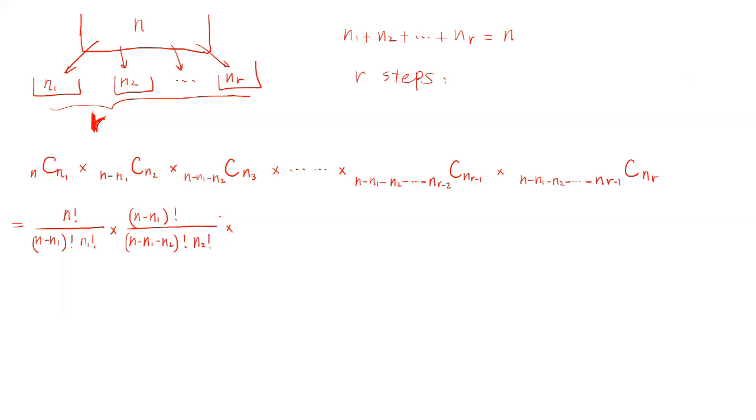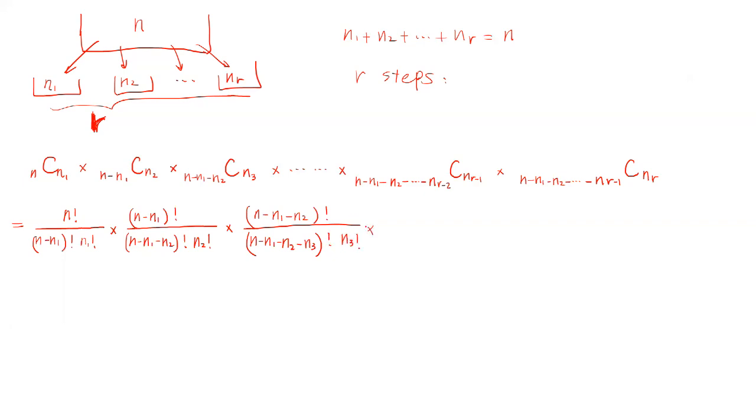The third term is n minus n1 minus n2 factorial over n minus n1 minus n2 minus n3 factorial and n3 factorial.